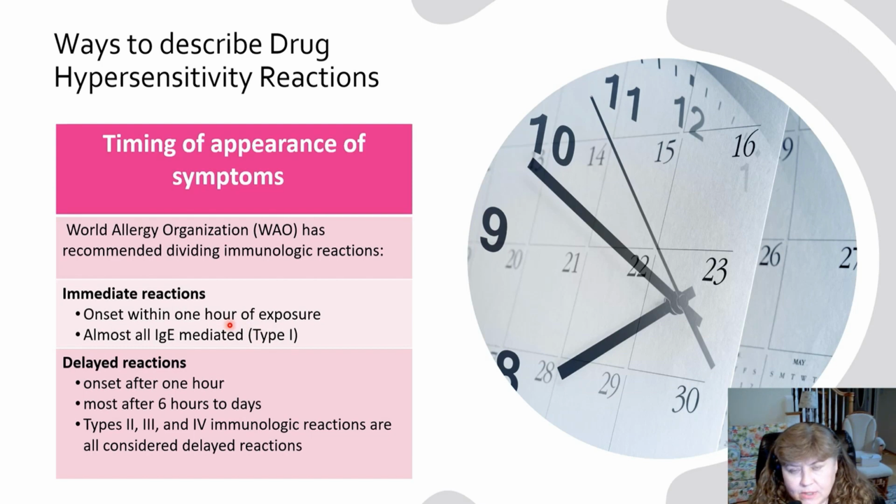Individuals who have a reaction to the medication within 1 hour are more likely to have an IgE-mediated type reaction, a type 1 Gell-Coombs, which we're going to spend another moment talking about. And then delayed reactions are everything else. They can happen from hours to days, and this is where our other Gell-Coombs types of reactions fall.